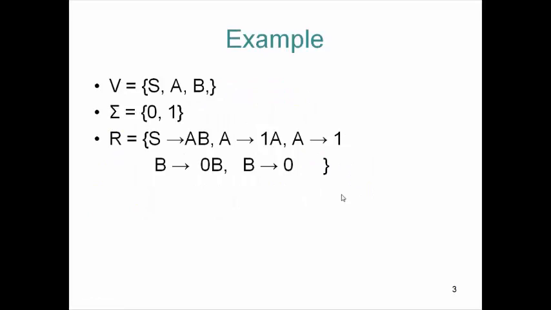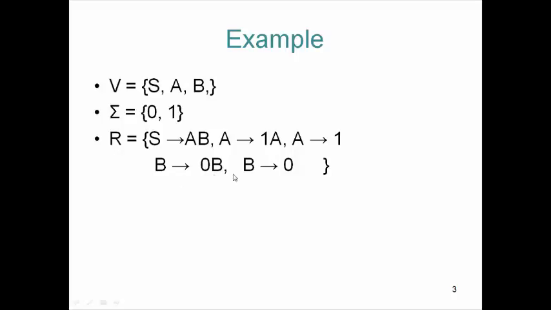One example of context-free grammar is: S, A and B are three non-terminal symbols, 0 and 1 are two terminal symbols, and the set of rules or productions are like this. S goes to AB, A goes to 1A, A goes to 1, which means A is terminated with a terminal symbol 1.